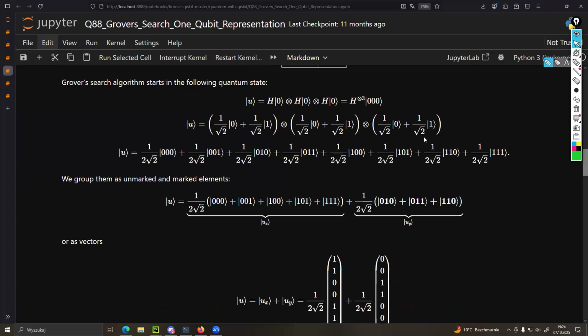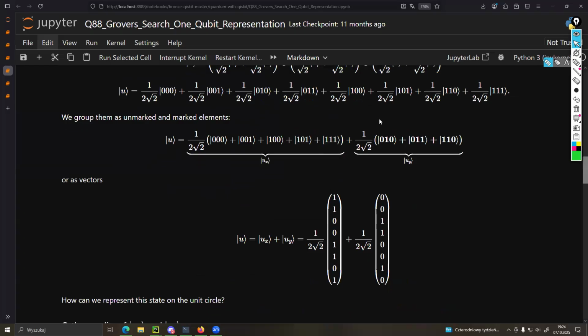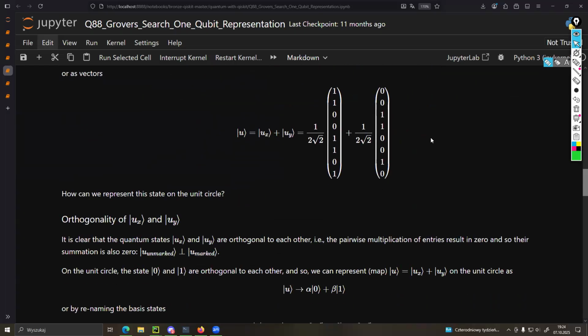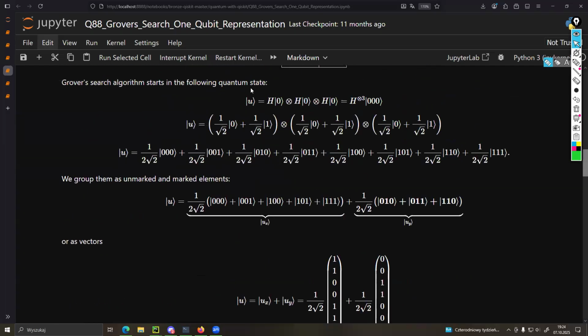Here in the notebooks, you have this pretty much drawn out in terms of mathematics. You have tensor products. You have this presented to you pretty much in plain sight. So you can also calculate it yourself or look at the equation.